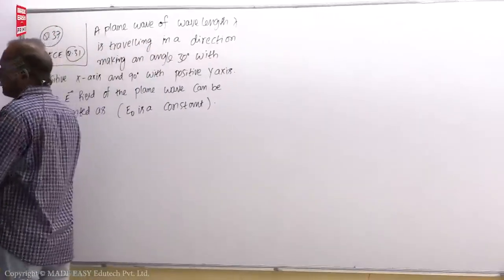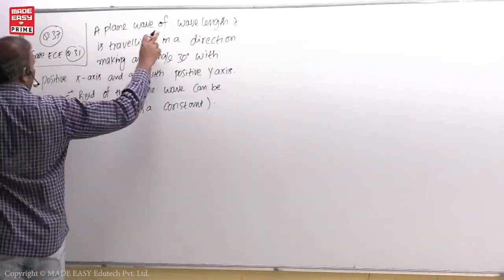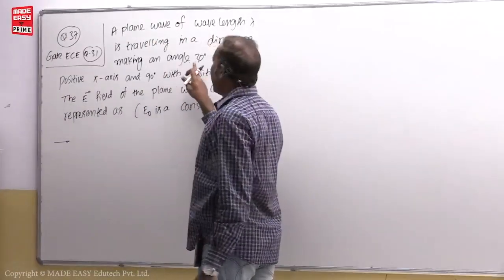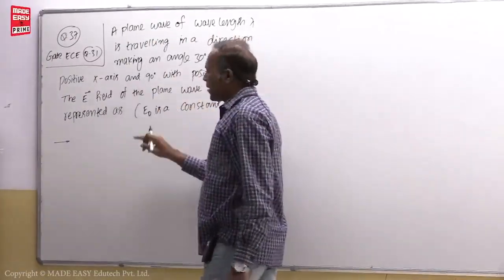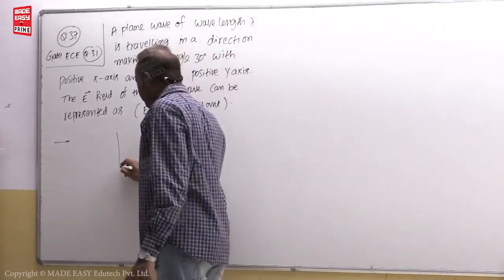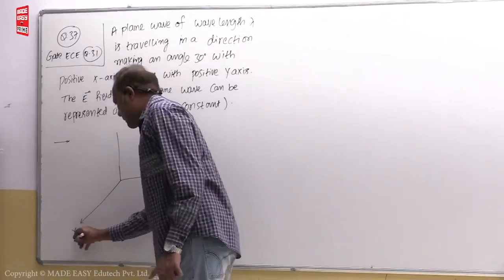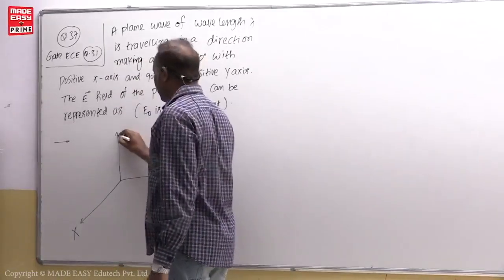So in this question, it is given a plane wave of wavelength lambda is traveling in a direction making an angle of 30 degrees with the positive x-axis. So you take the axes here, this is x-axis, this is y-axis, and this is z-axis.